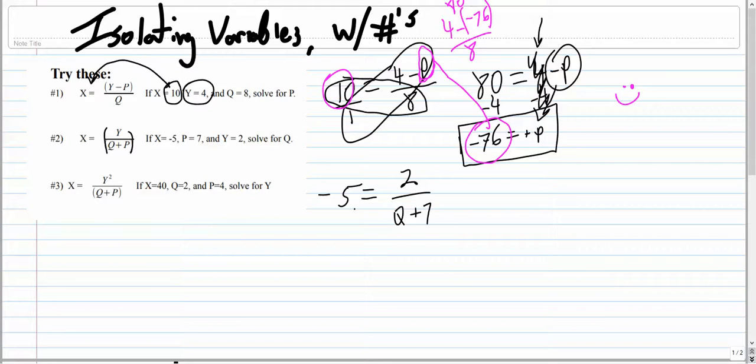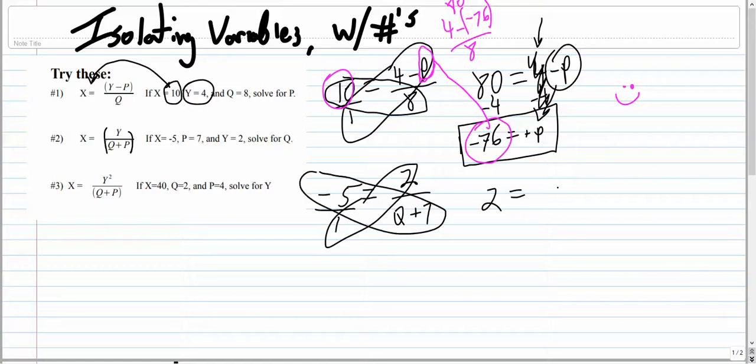Let's see here. I'm going to turn this into a fraction. 2 times 1, there's my 2. And then negative 5 times q plus 7. So I guess maybe I should have left my parentheses here because I wound up putting them back here. So now I'm going to divide by this negative 5, so that way it cancels out.